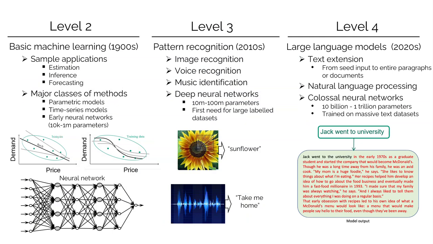This was the first use of deep neural networks, 10 to 100 million parameters. And the big breakthrough here was getting a data set large enough where they could fit these networks. Now, 2020s, we went into these colossal neural networks with 10 billion to a trillion parameters, and this is sort of predicting what we might say next.